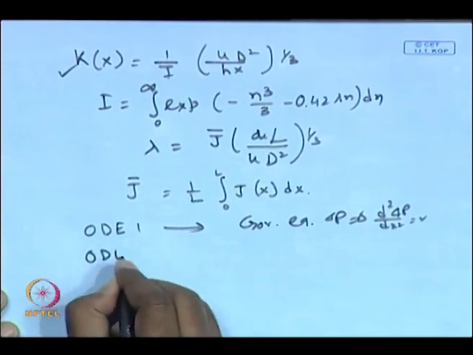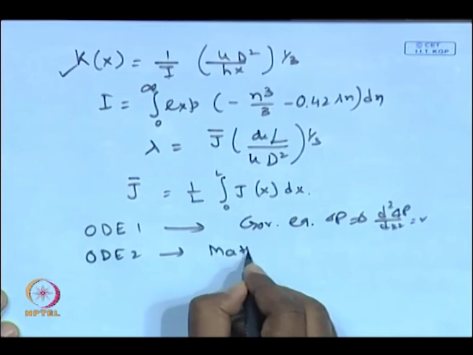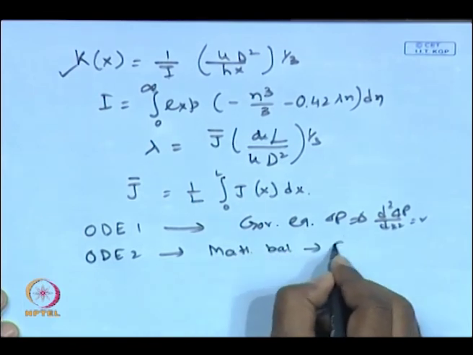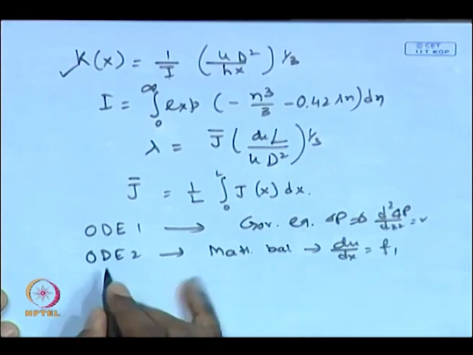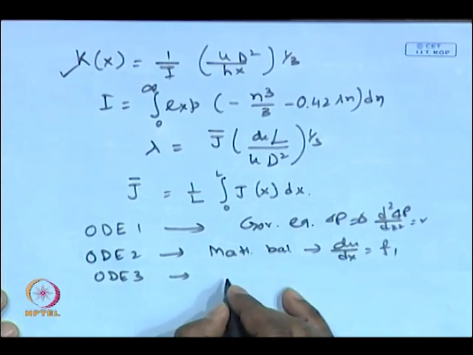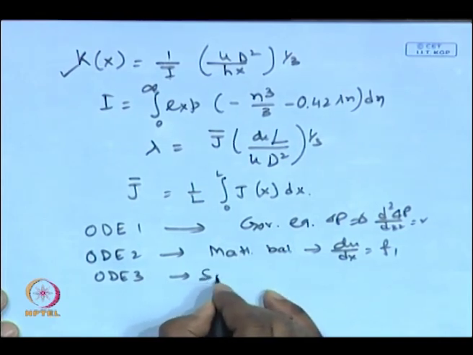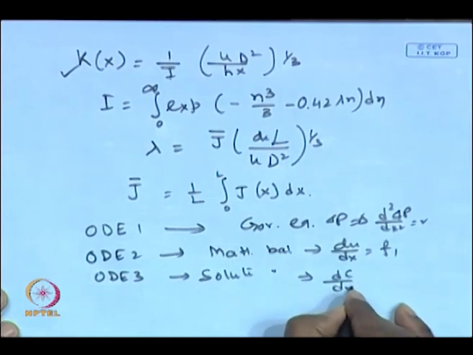ODE number 2 gives you the overall material balance, that gives you du dx is equal to some function F1. ODE 3 gives you the solute balance equation over the differential element, that gives you dc dx is equal to some functional form F2.